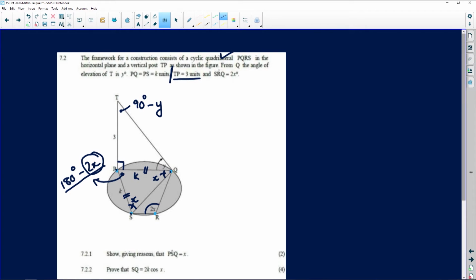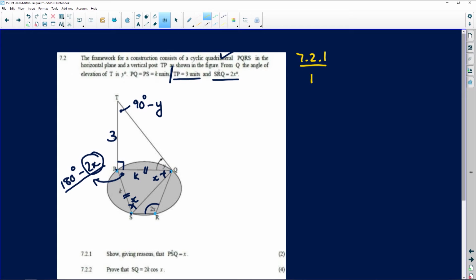Then they tell us TP is 3, so the height of the tower is 3, and then they just confirm that SRQ is 2x degrees. 7.2.1. I think we've already answered that. Giving reasons, the size of PSQ, this angle over here. Now we've seen it's x.